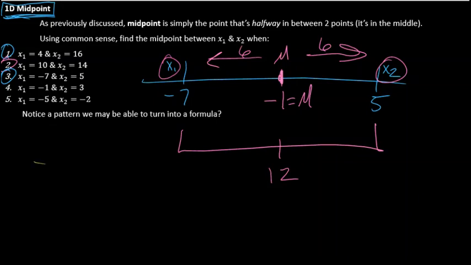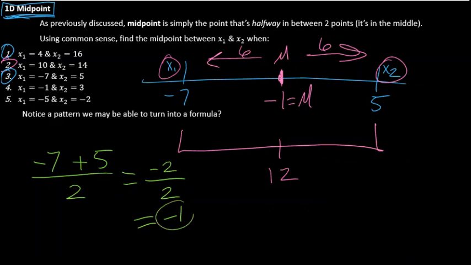We can actually start deriving a formula from this. If I add our start and stop, negative 7 and 5, and I find half of that, I'm going to end up with negative 2 over 2, which would be negative 1. So I calculated my midpoint doing some mathematical witchcraft here.